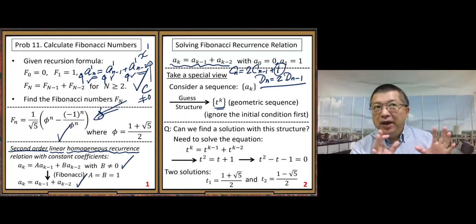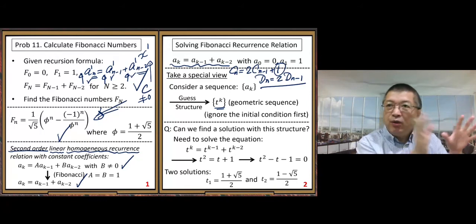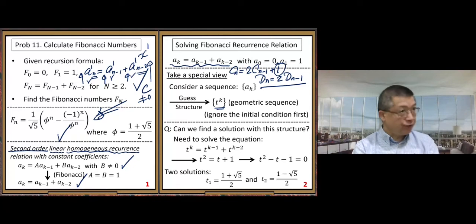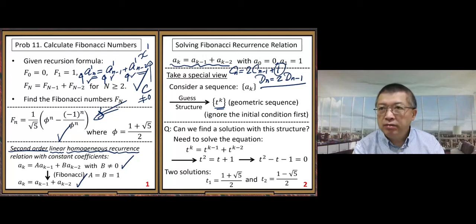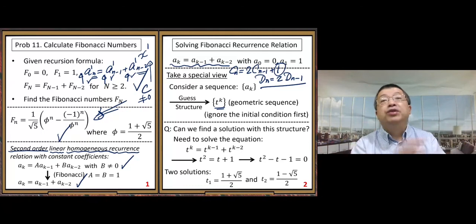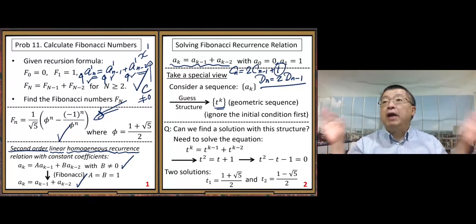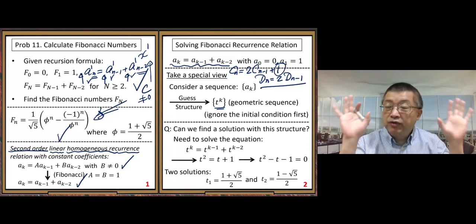Here you may connect this equation to the one when we derived the golden ratio, right? You may connect to that. Yeah, exactly the same quadratic equation. But here, when we consider this equation, we do not have the background we used for the golden ratio.